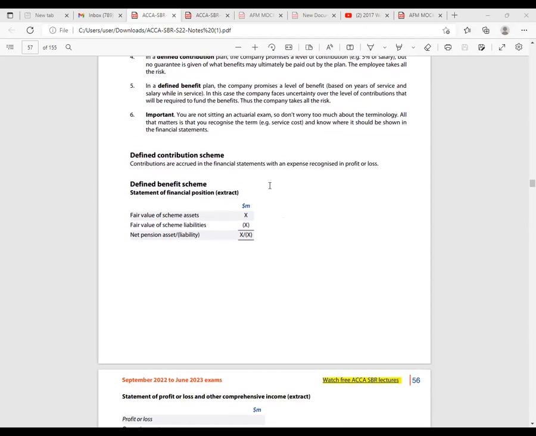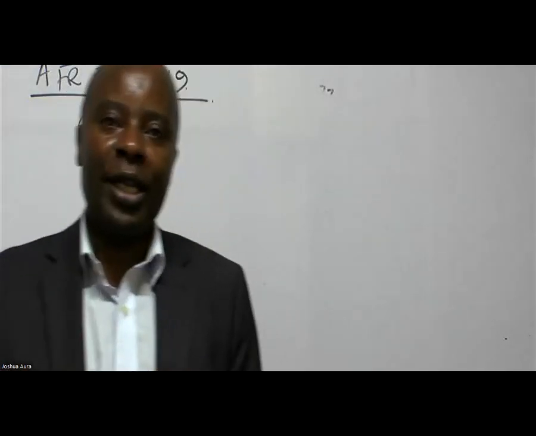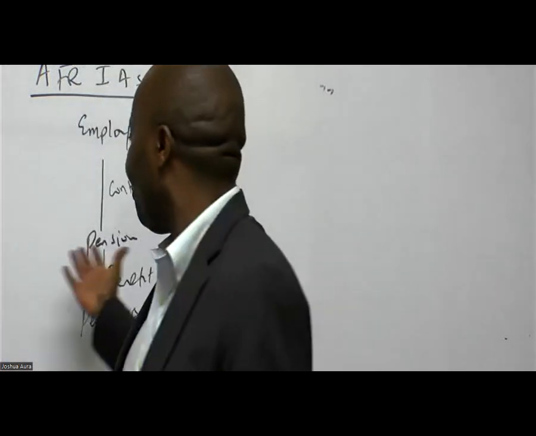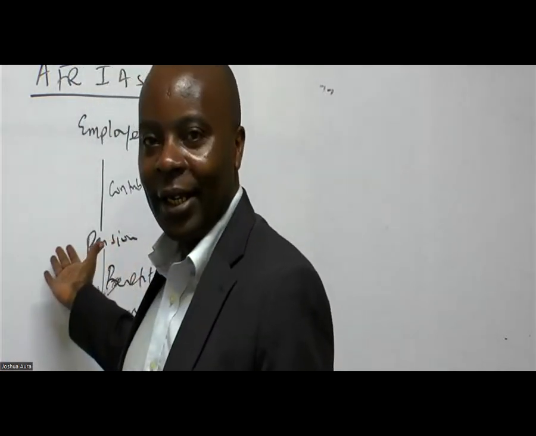So we have here the defined contribution scheme. For a defined contribution scheme, ladies and gentlemen, as an employer, what really is my role here? Under a defined contribution scheme, I'll basically be accruing whatever contributions I should be paying to the pension plan.